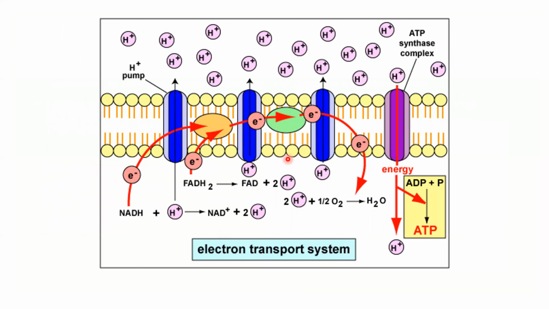So here's another picture of the electron transport chain. Here are NAD and FAD bringing hydrogen and electrons. So they're gonna dump their electrons. Electrons move from one electron acceptor to another, right? So from one protein to another protein. When this happens, hydrogens are pumped into this intermembrane space. Now look, we have lots of hydrogen here.